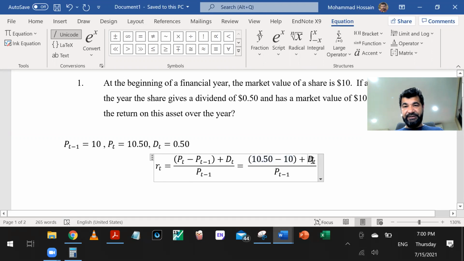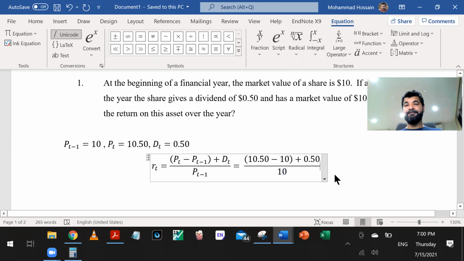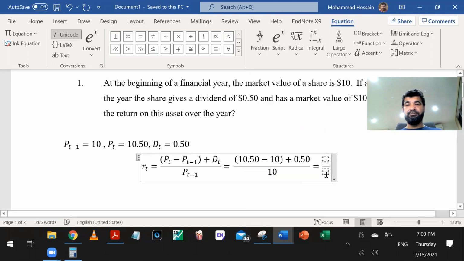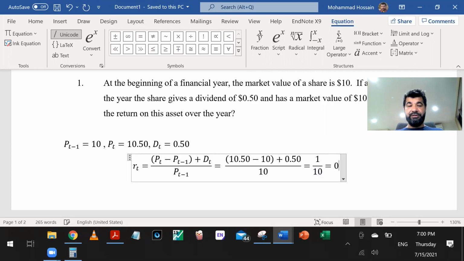And DT is actually our 50 cents, 0.50, and PT minus 1 is actually again our $10. Okay, is equal to 1 divided by 10. That's it. Is equal to 0.1.